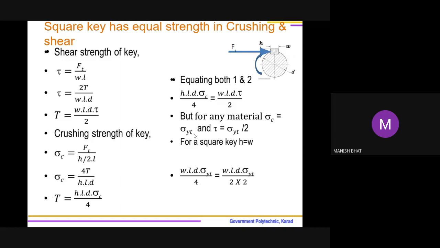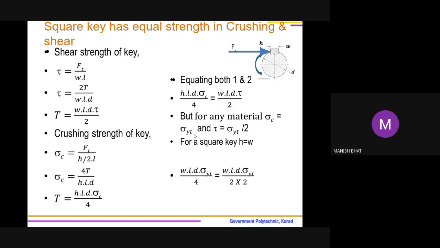So many a times it is asked, and it is very simple to derive that crushing and shear strength of square key is same. Just find out shear failure, crushing failure, resolve equation for T, equate both shear and crushing strength, and put design stresses in terms of strength of material.